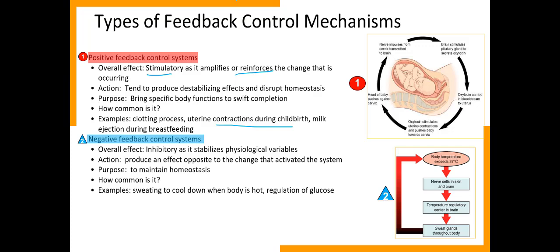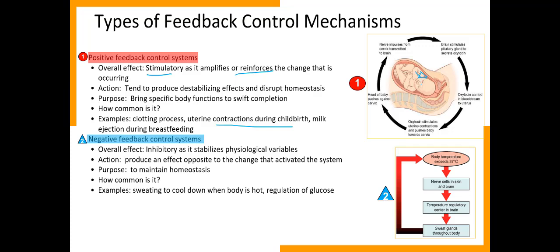So with childbirth, what happens is the uterus starts contracting, right? As the uterus starts contracting, the baby starts moving down the cervix.